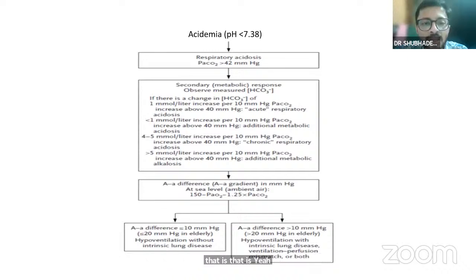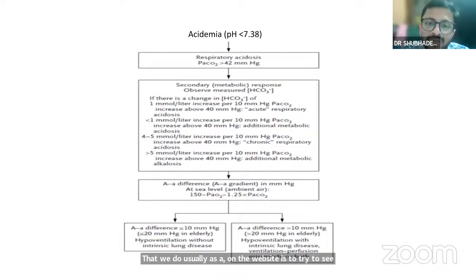What we usually do as a clinician at the bedside is try to see whether there has been a compensation for this acidemia. Now we know if the pH is reduced and the carbon dioxide is increased, then the kidneys would try to retain bicarbonate. There is a formula to find out whether this compensation is adequate or not.